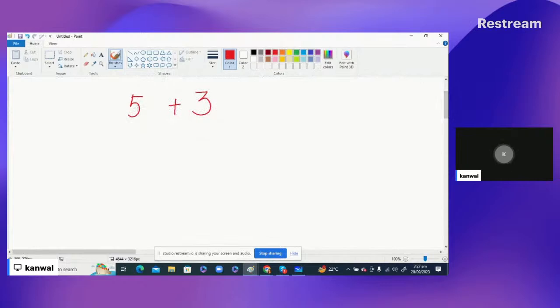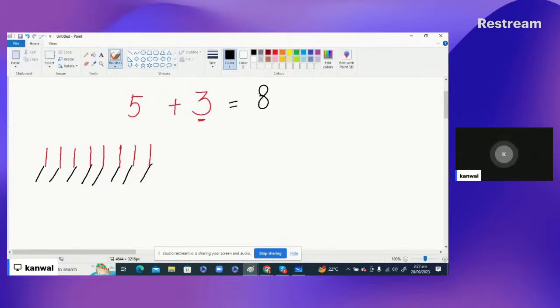So now let's count. What's the answer of 5 plus 3? Draw 5 lines. One, 2, 3, 4, 5. Now how many more lines are added? 3 lines. One, 2, and 3. Now count all of it together. One, 2, 3, 4, 5, 6, 7, 8. So what is the total answer? That is 8.